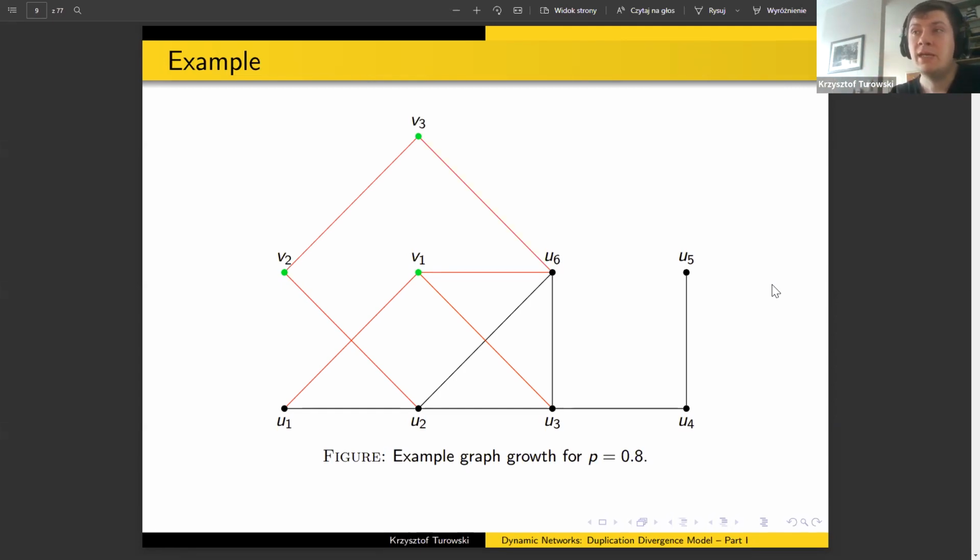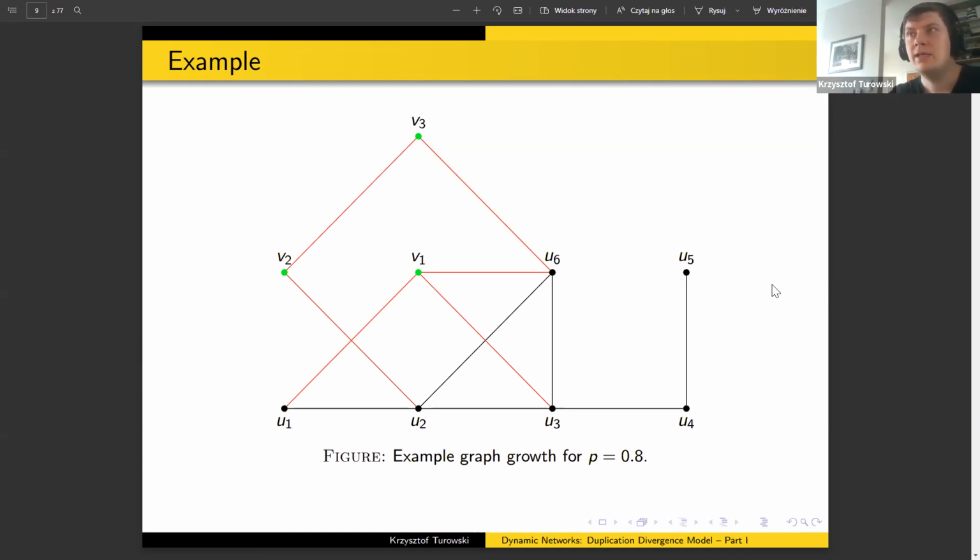Okay, and we repeat this process. V3. Here, it is ambiguous, since both U2 and V1 could be parents of V3. Of course, depending on which vertex we chose as its parent, we have to perform a different number of coin tosses. And there are different possibilities, so different probabilities to obtain exactly this structure of neighborhood that V3 has.